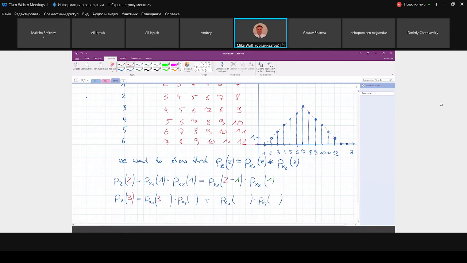We want to obtain a 3. And then in this case, x2 can be 1, and then x1 needs to be 3 minus 1. Because the sum is 3, right? And then, if x2 is 2, then x1, because the sum should be 3, is 3 minus 2.